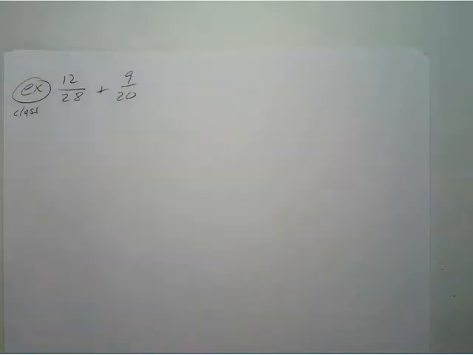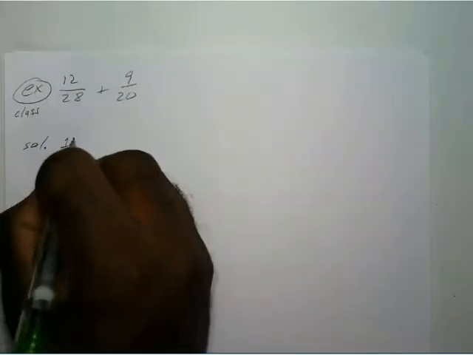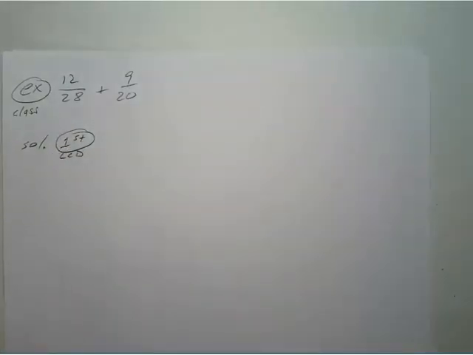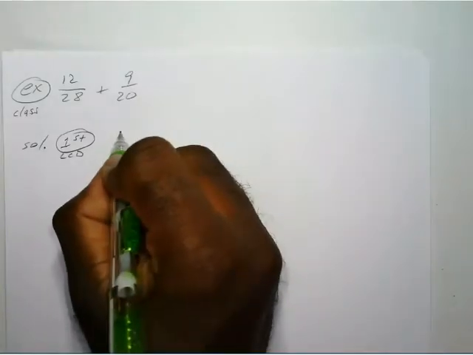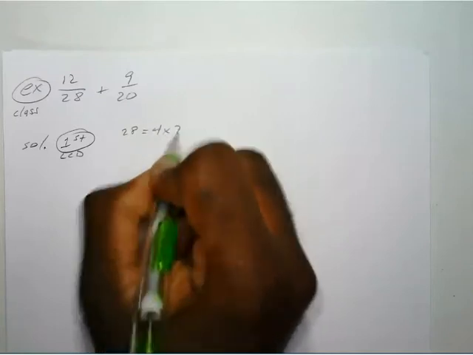Okay, so assuming you've already done this one, let's go ahead and verify your answers. Okay, so remember your first step. You want to find the least common denominator in your equivalent fractions. So 28 is 4 times 7.